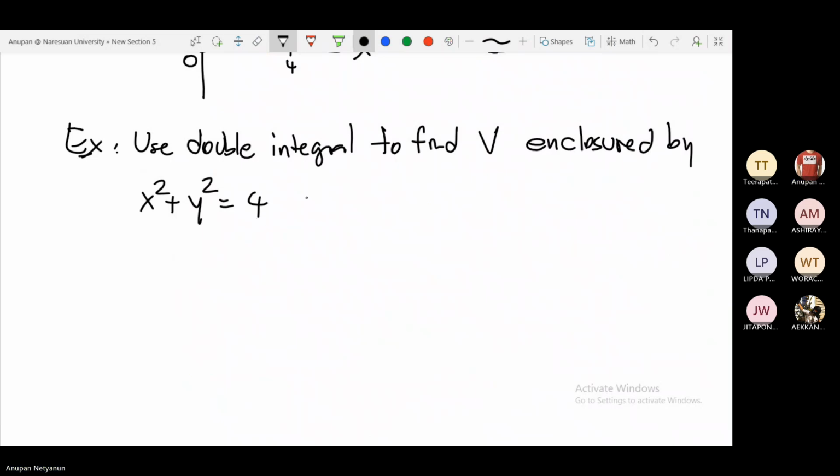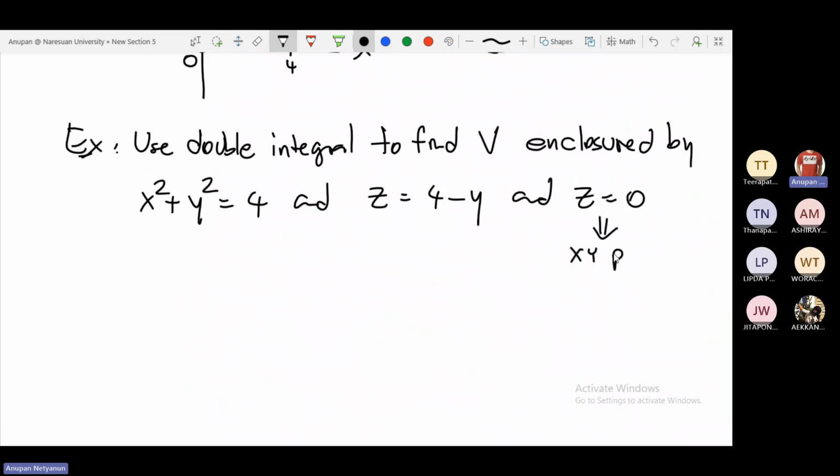And z equal to 4 minus y. And z equal to 0. Okay. And this is actually when z equal to 0, x and y can be anything. Actually, this one is the xy plane. Right?